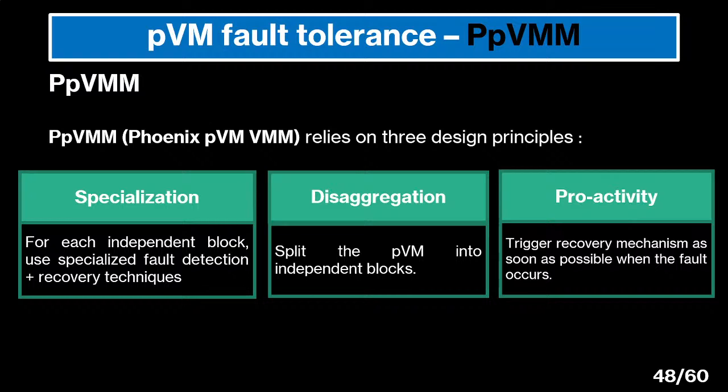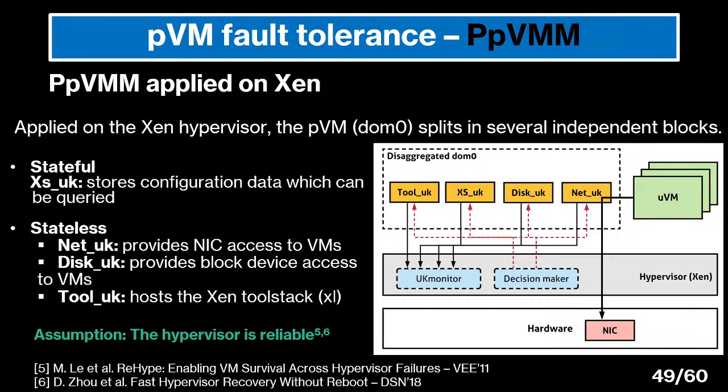So we apply this on the Xen hypervisor, and what happens is that it results in the privileged virtual machine being decomposed into four submodules that each run in a dedicated unikernel. And these blocks, we categorize them into two groups.